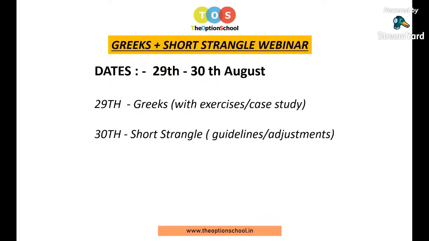So Greeks plus short strangle, that is why we have added 2 days. Otherwise, we would have been very happy doing a 1 day workshop. We said, okay, let us give proper calculations, proper usage of numbers in Greeks, so that people can really learn this. So many of you have already joined.